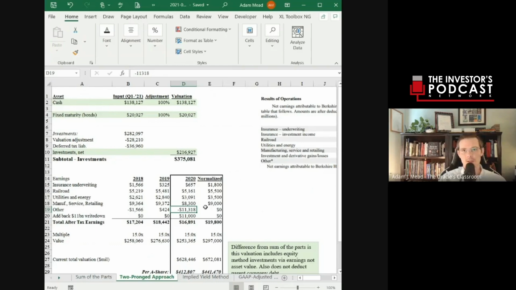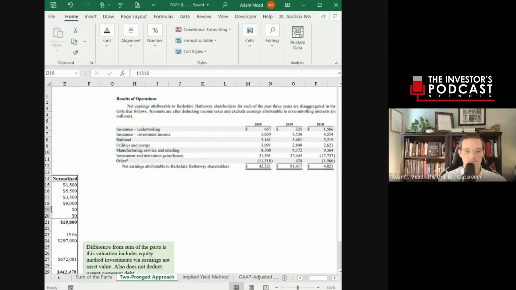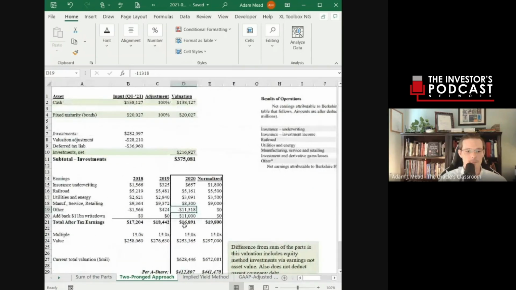Then we get into the accounting versus the economics here. Berkshire had this 11.3 billion in other, which we can see is right over here. What I'm saying here is, because I've accounted for perhaps normalized earnings on the MSR businesses, this collection of multiple businesses under this category, I've said that they can earn 9 billion, which might be conservative.